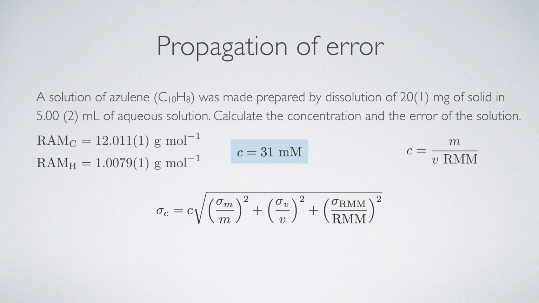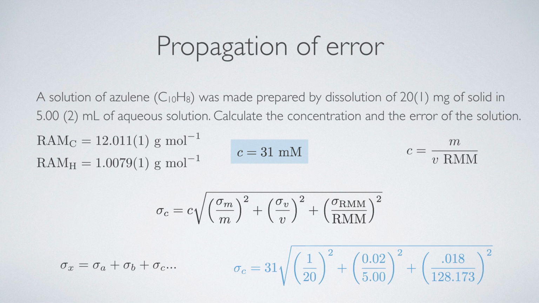So if I just use the basic, very simple version, just to very quickly calculate the uncertainty, what we'll find is that the uncertainty on the molecular mass is completely negligible when compared to the uncertainty on the volume, and that uncertainty on the volume is very small compared to the uncertainty on the mass. Ultimately, I get the same answer whether I ignore these latter two terms or whether I include them.